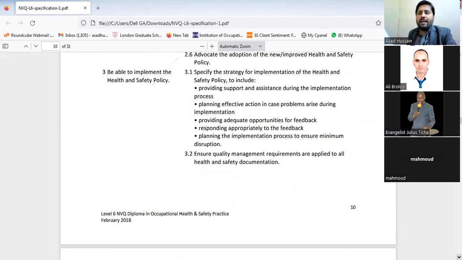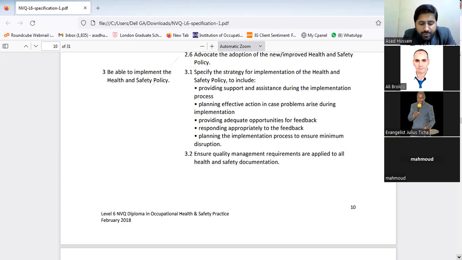It is important that you are able to implement the health and safety policy in your organization. 3.1 is asking to specify the strategy for implementation of the health and safety policy to include providing support and assistance during the implementation process, planning effective action in case problems arise during implementation, providing adequate opportunities for feedback, responding appropriately to the feedback, and planning the implementation process to ensure minimum disruption.